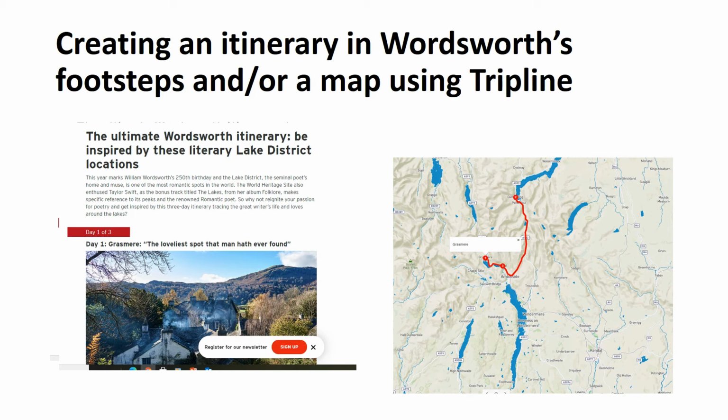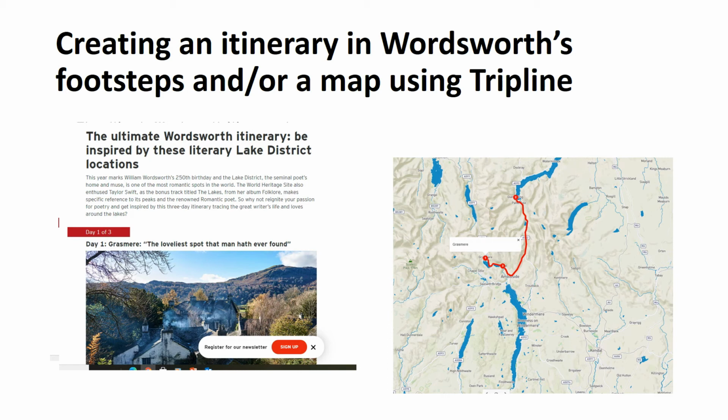As you can see, for each day a title taken from a line from one of Wordsworth's poems is chosen. For example, the first day, "The loveliest spot that man hath ever found," is taken from a poem by Wordsworth. Students can then create something of their own, and this could be a model that they can follow.